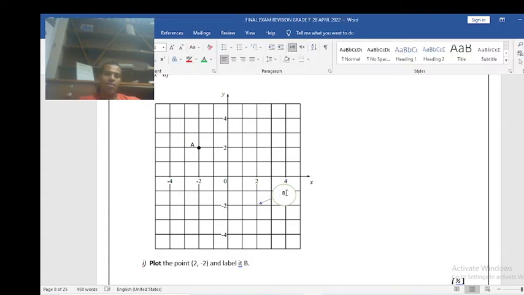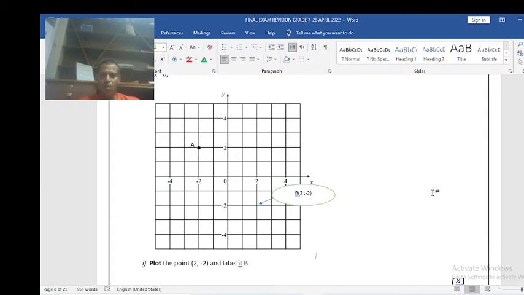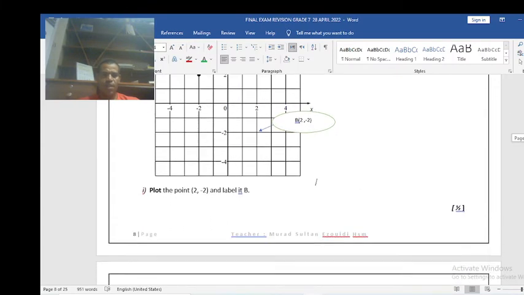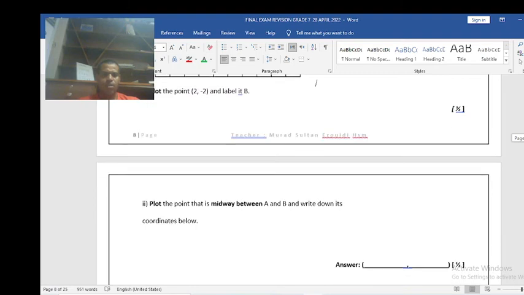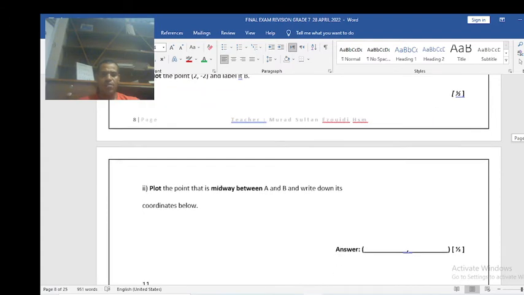The letter B has coordinates (2, -2). Then I will close the parentheses. Now the question is to plot the point B, and then plot the point that is midway between A and B. Then write the coordinates below.